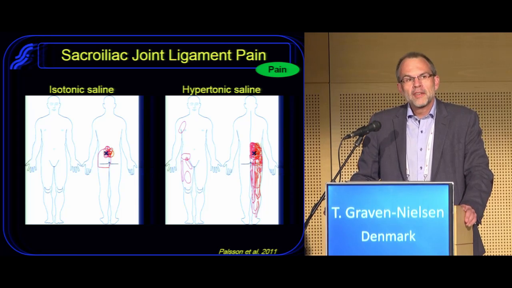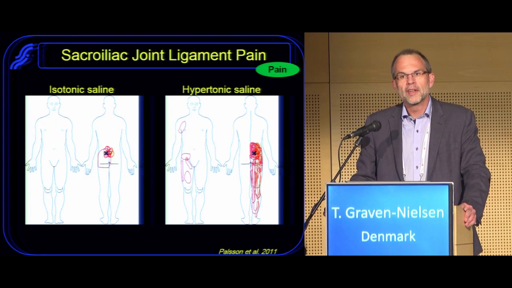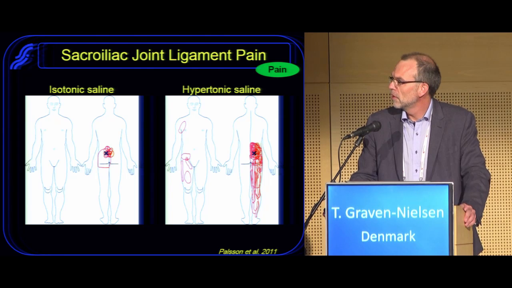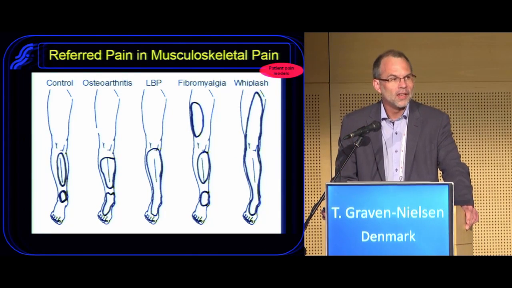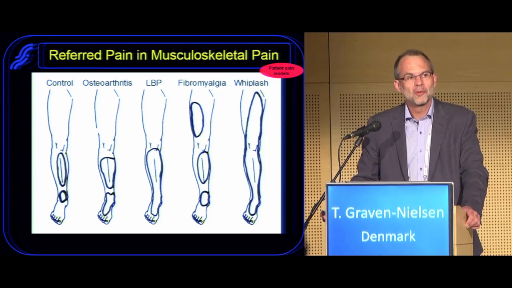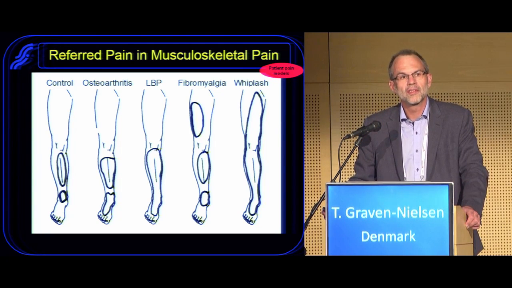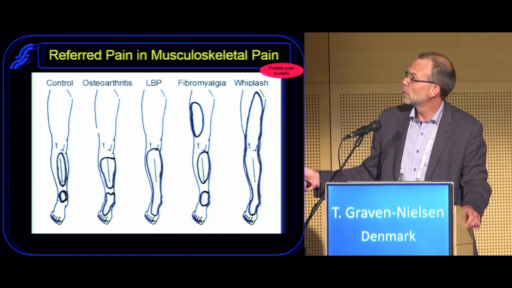So there are many different ways that we can evaluate referred pain and stimulate and get these manifestations. And if we do that in different patient groups, then we can see that especially the referred pain is sensitive to some of the changes in the central system, because here you see different groups of patients, which have been studied in many different clinical studies.